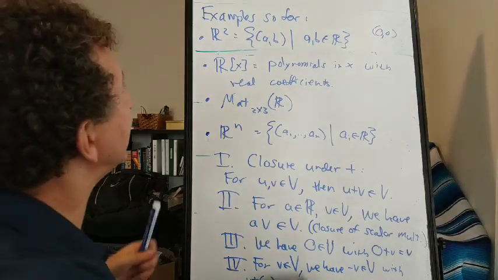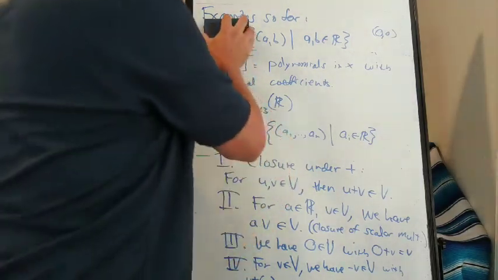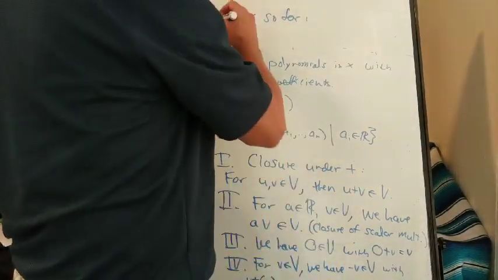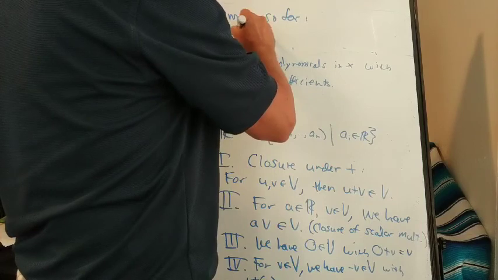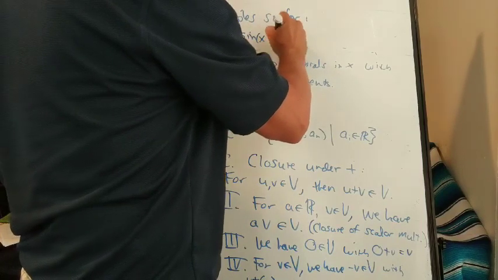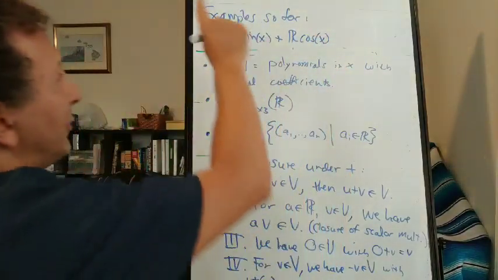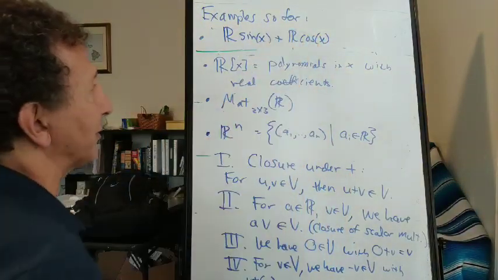And then finally, we had a set which I'll write as R sine x plus R cosine x. By that I mean real multiple of sine plus real multiple of cosine.